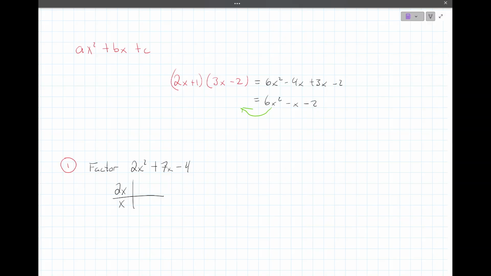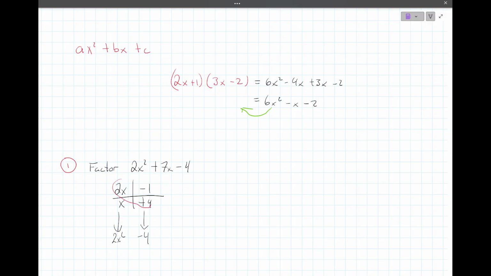Now, the middle is quite a lot higher than the end, so I'm going to say, well, 2 times 4 is 8. So I'm going to make that plus 4. And I just need to take away 1 to go from 8 to 9. So this multiplication becomes 2x squared, and this becomes negative 4.